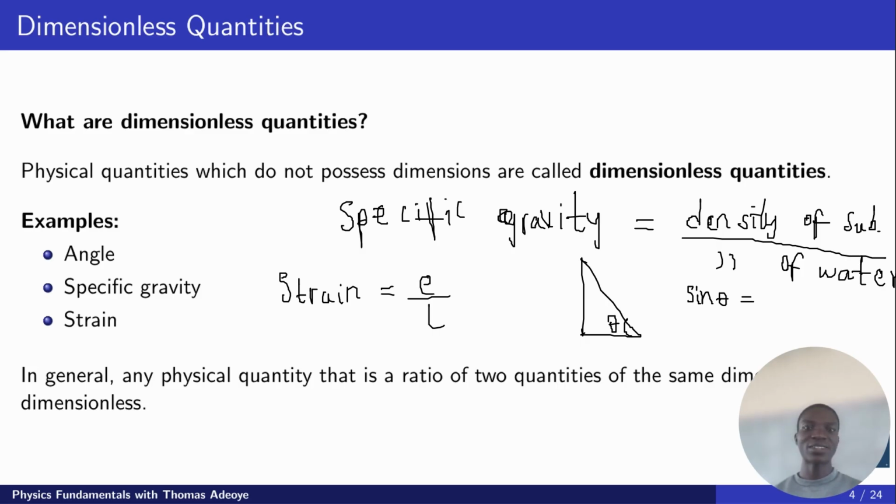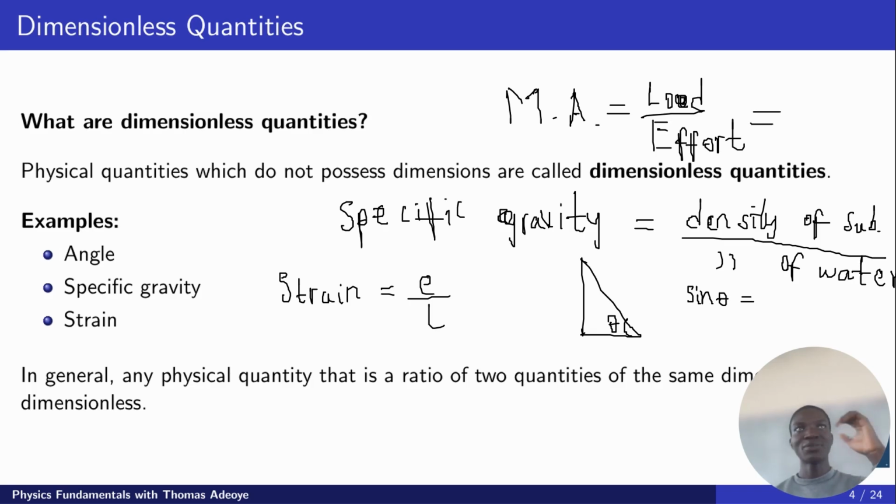Another example that is not listed here is mechanical advantage in a machine. So mechanical advantage is equal to, I think this should be load over effort. Yeah, it is load over effort, or output force over input force. So it is the ratio of output force to input force.